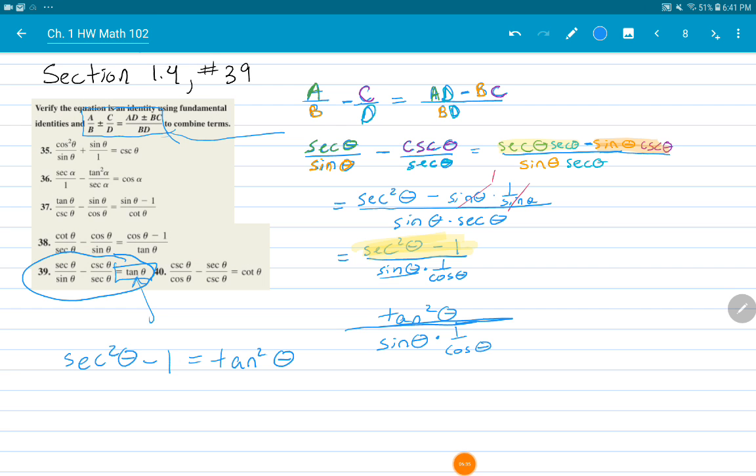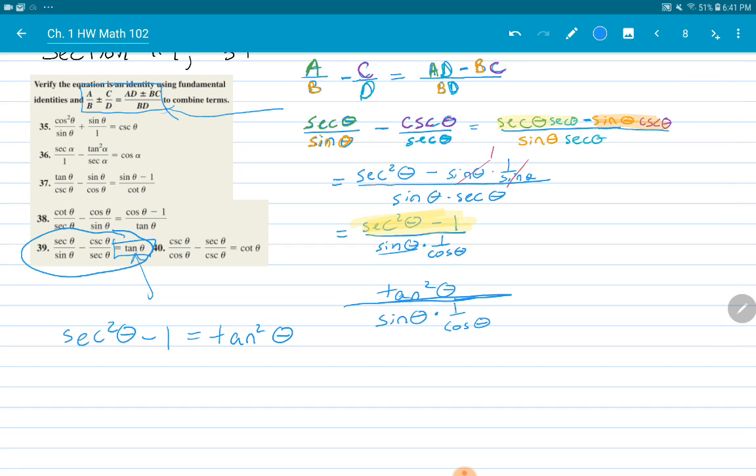Okay, I just made it a little smaller so I have a little more space here. So the tan squared theta stays on top, and then I'm going to do a big fraction bar because I'm going to have this kind of fraction on the bottom where I have sine theta times 1 over cosine of theta.